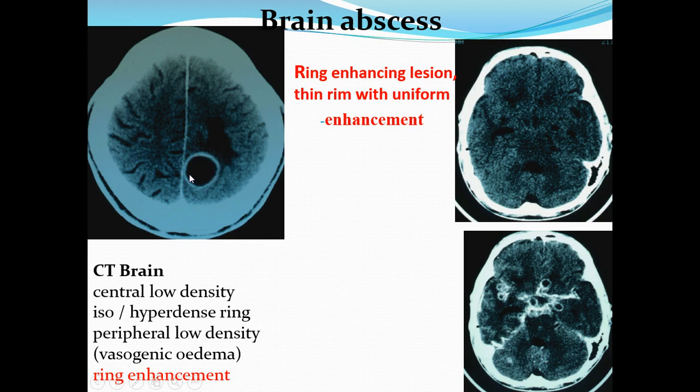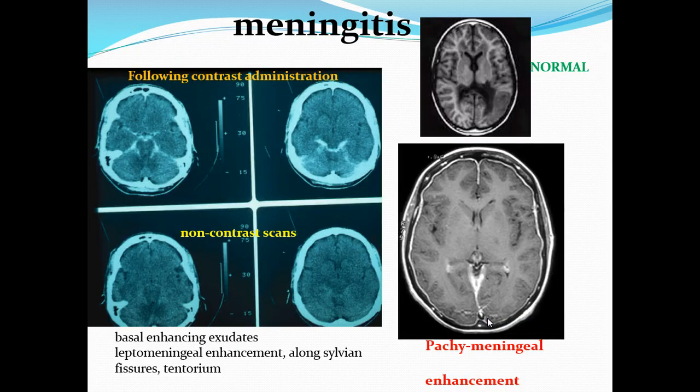Enhances means it becomes white and the central part remains black. In this non-contrast study we cannot appreciate much, but here you can see multiple ring-enhancing lesions. These are brain abscesses, and if they are multiple and ring enhancing, sometimes conglomerate, we can see them very frequently in tuberculomas, which are very common in our society.